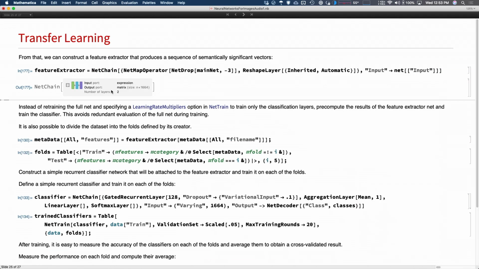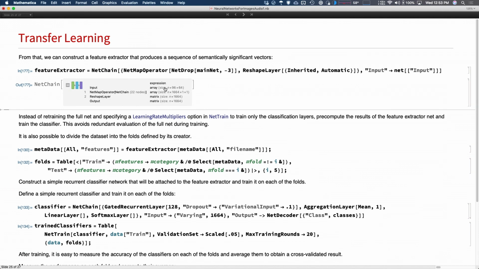So here we have a net that from an audio signal produces a sequence of semantically significant feature vectors, and use this as the starting point for our environmental sound classification objective.